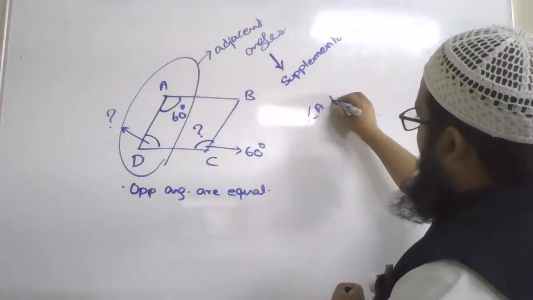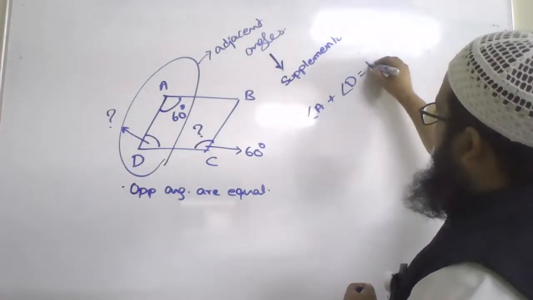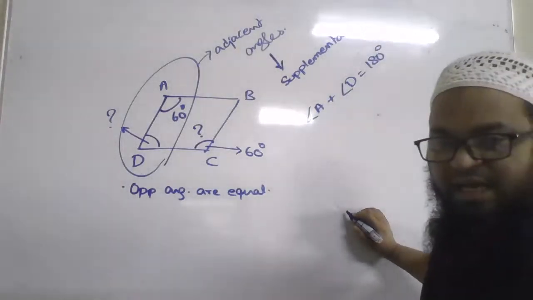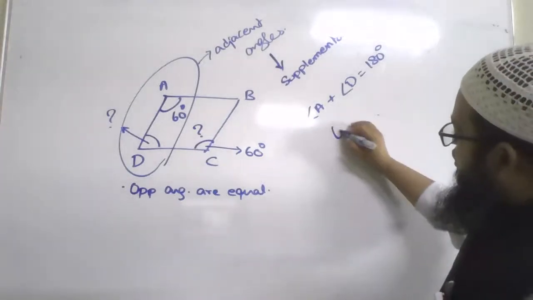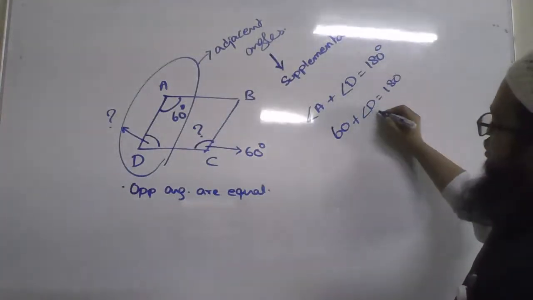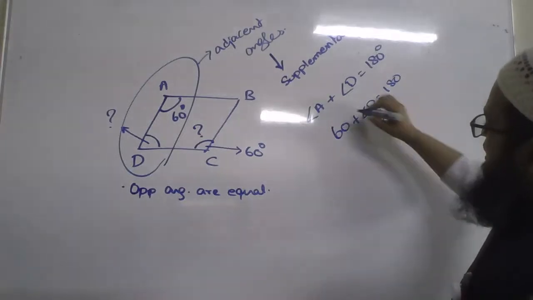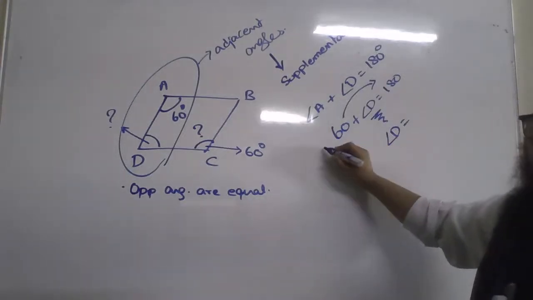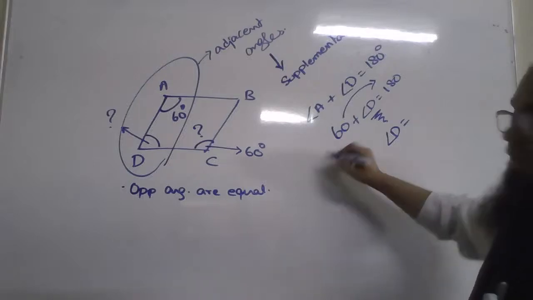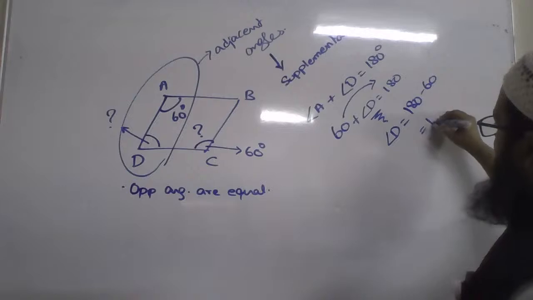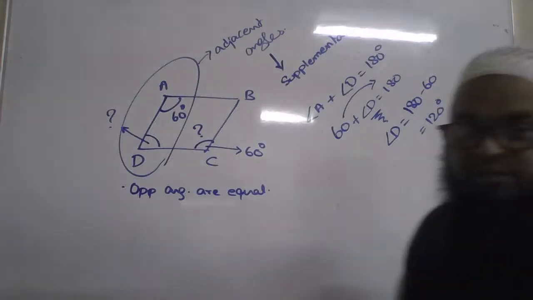Angle A plus angle D is equal to 180 degrees. Angle A we got is 60, plus angle D is equal to 180. Now you have to find angle D. Therefore transpose 60. What is the sign before 60? Plus. So when you transpose it becomes minus. So angle D is equal to 120 degrees.